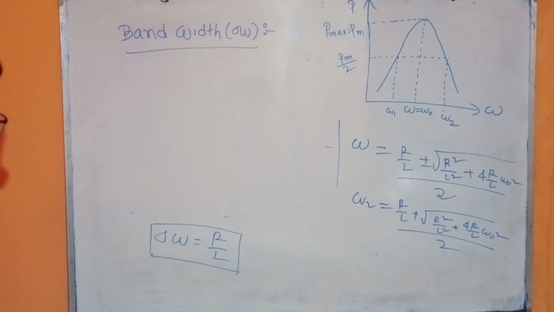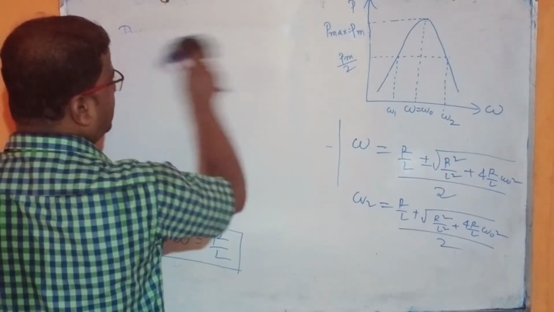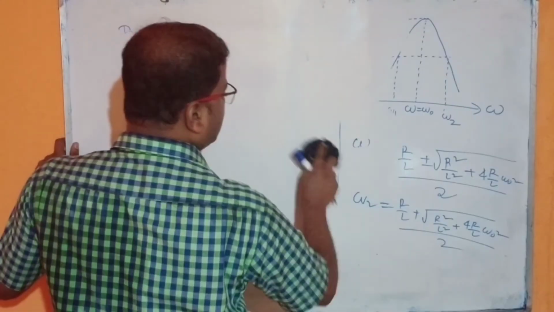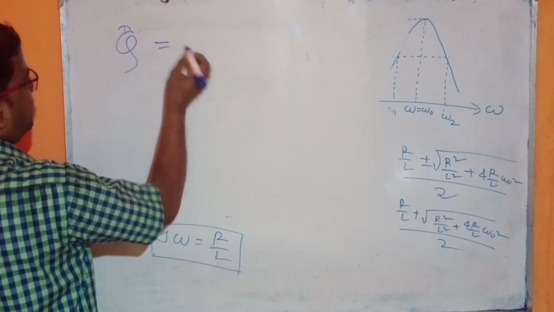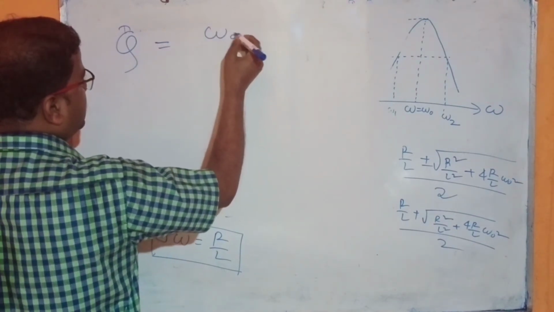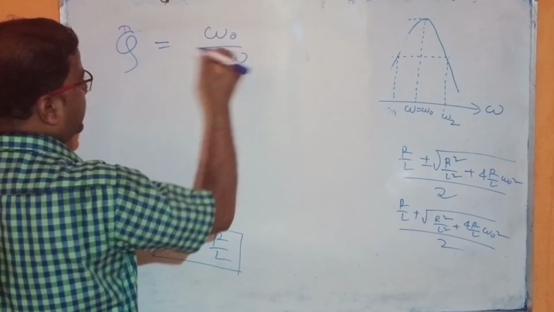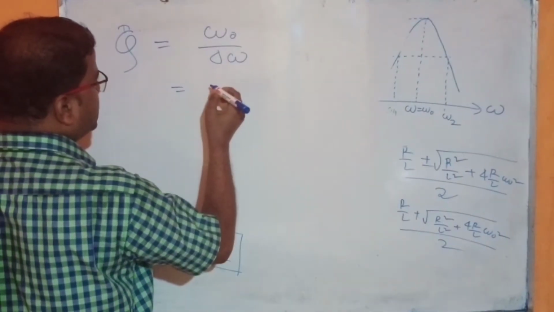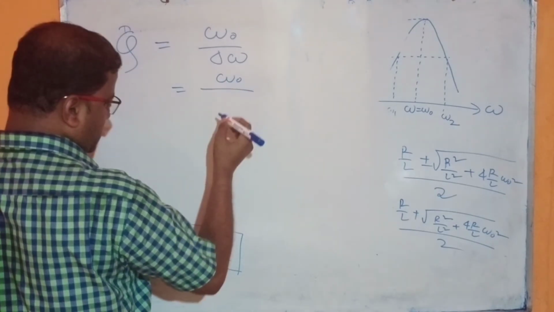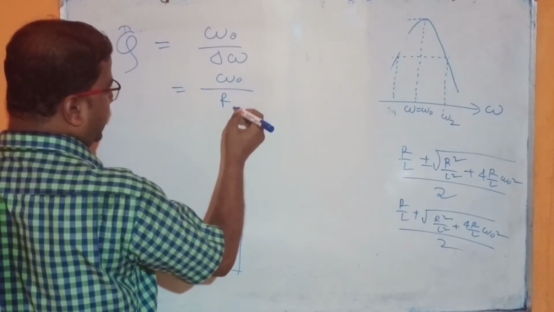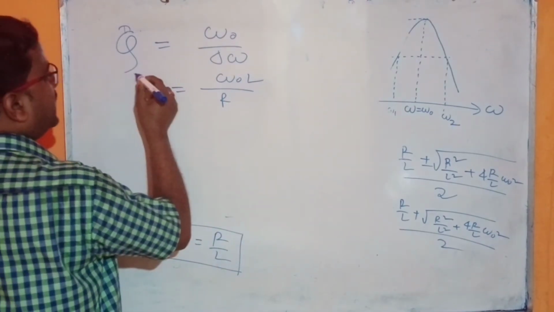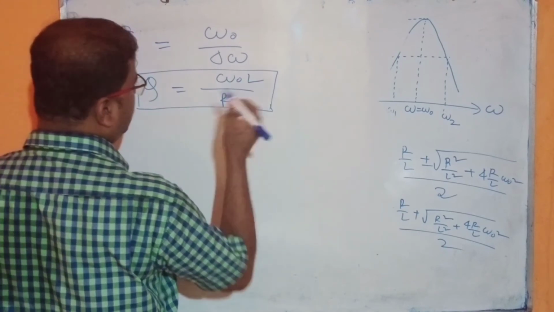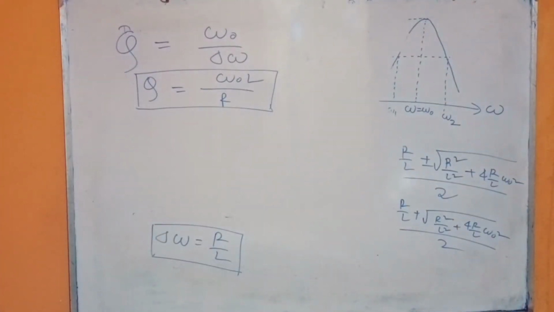Now we calculate the Q factor. The Q factor we defined as omega 0 by delta omega, and this is omega 0 by R by L, that is, omega 0 L by R. This is the Q value or Q factor of the series LCR circuit.